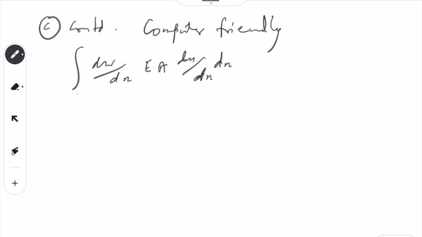So, what we see here is integration. We have to integrate these things in the computer itself, right. So, integration or numerical integration.